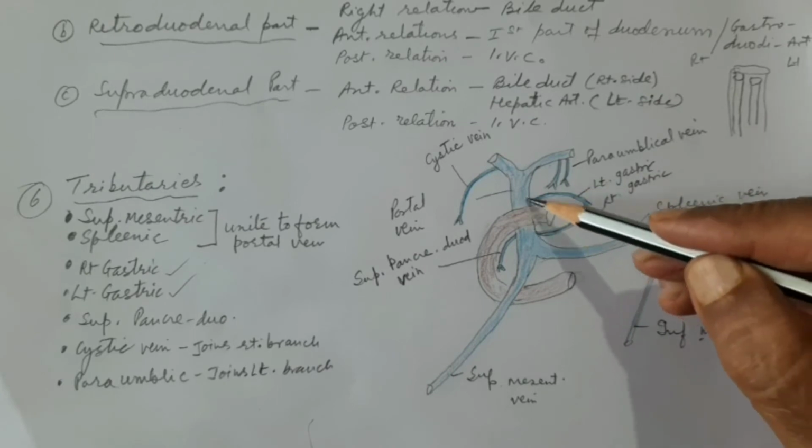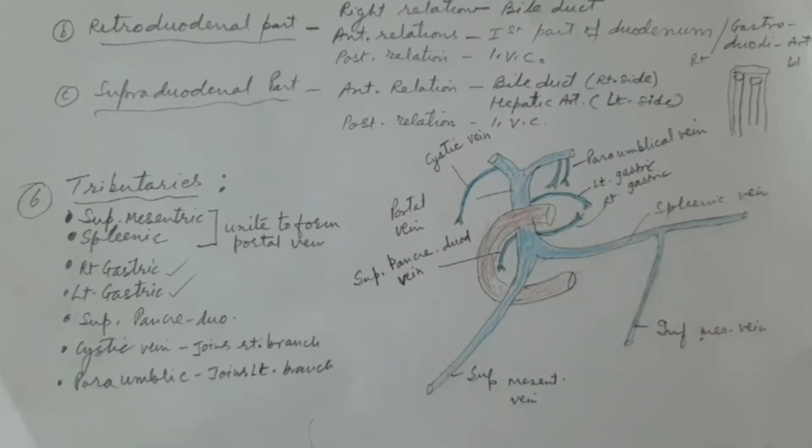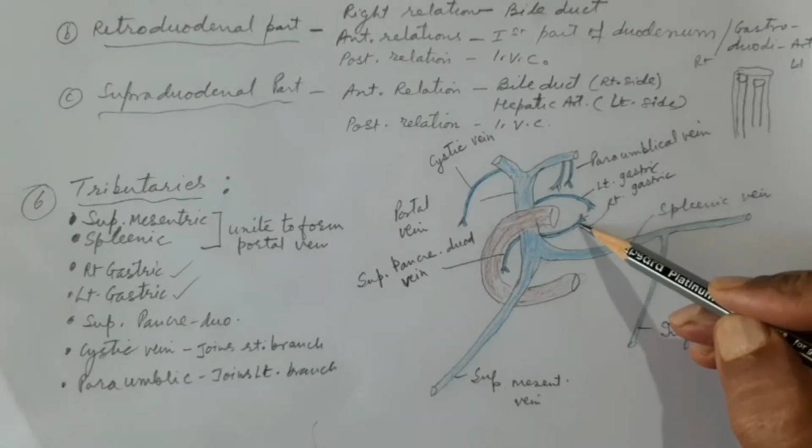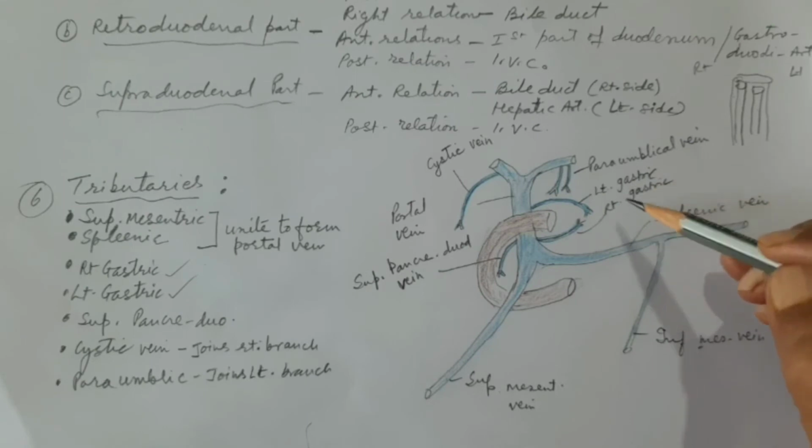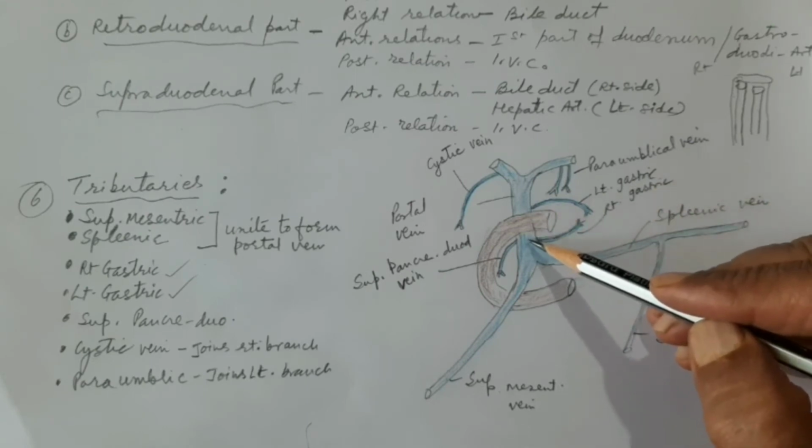They pour their blood directly from the stomach into the portal vein. So these are the two gastric veins which open into the portal vein.